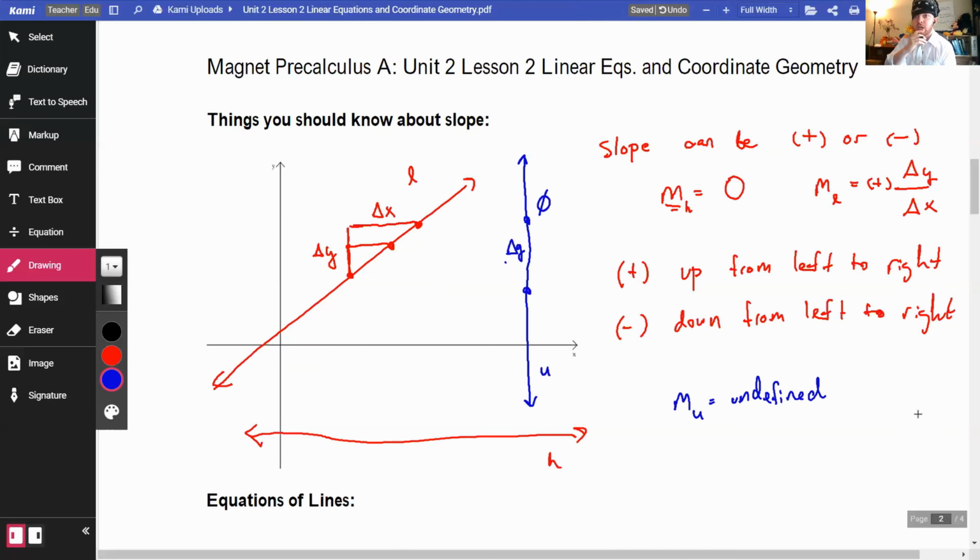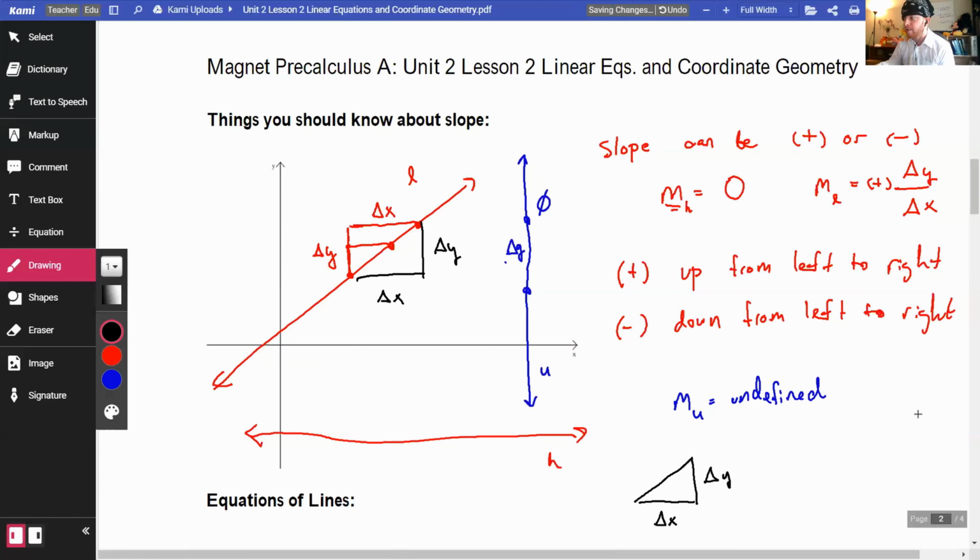One last thing I'd like to add for those who love trigonometry is that if I take a triangle, and I'll add my triangle right here as well, delta y over delta x, and I'll add it back down here too, delta y over delta x.